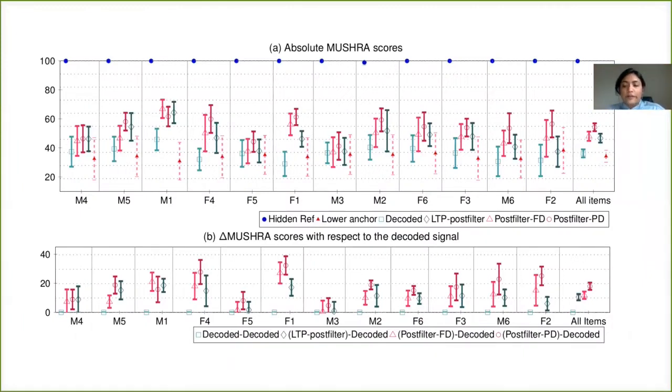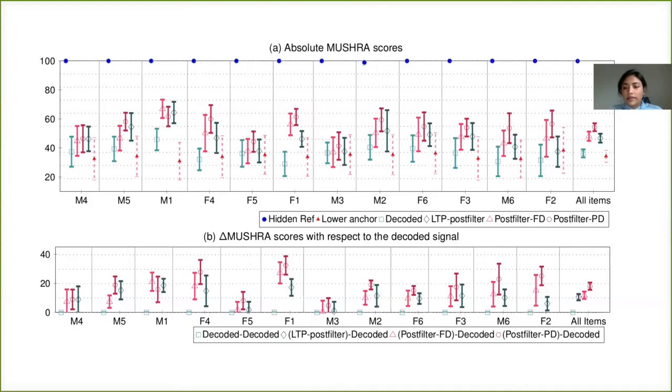We observed that for both the perceptual domain and the frequency domain modeling, the proposed post filter shows a gain over the decoded signal. However, the post filter modeled in the perceptual domain showed a much higher improvement in MUSHRA scores with respect to the LTP post filter decoded signal.